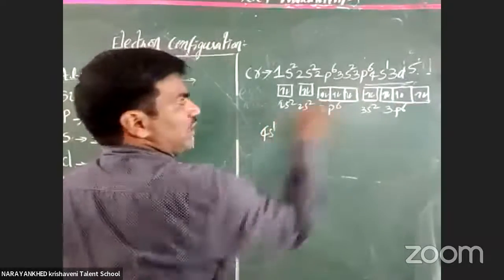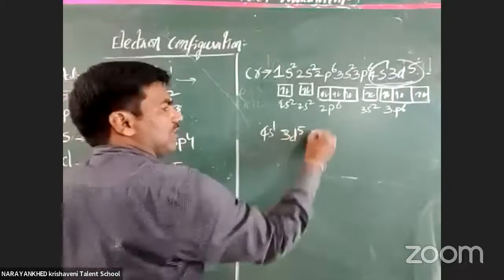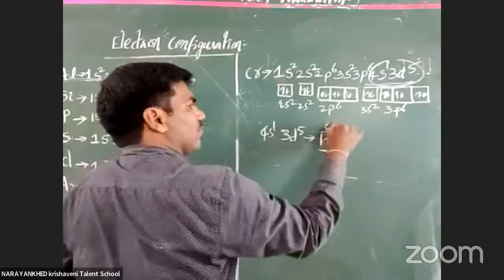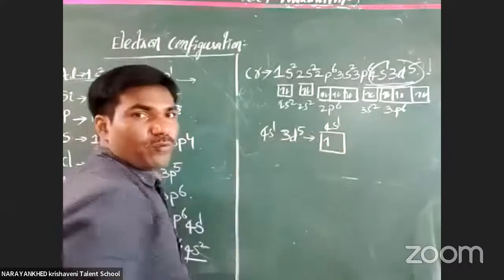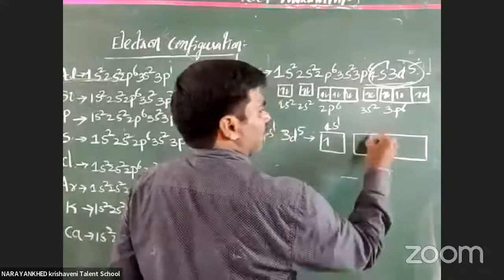Come to the 4s1 and 3d5 that I have written here. How does it look? One second. 4s1, it is.